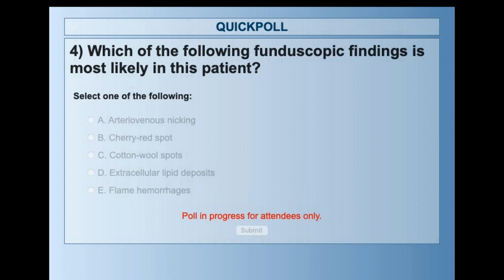So let's see how we do here on the final one. Looks like this one, the results are a little bit more mixed. About half of you have voted, so no clear favorite yet. Give you about another 10 seconds.